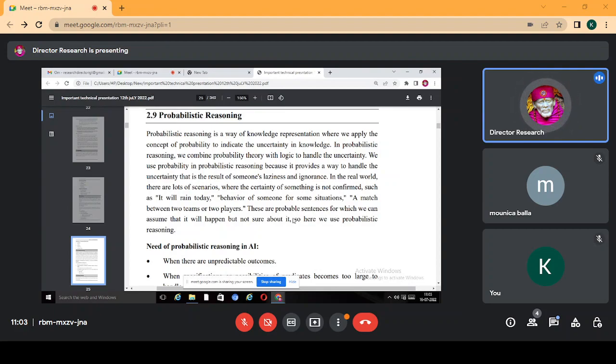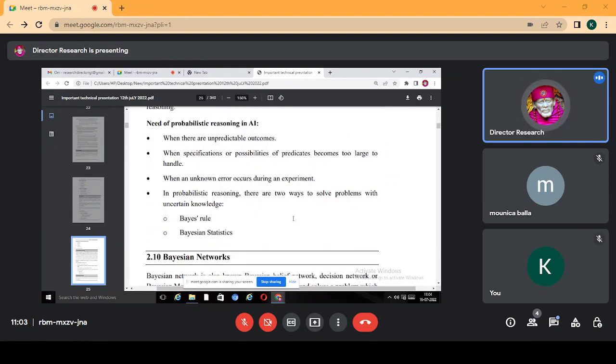In the real world, there are lots of scenarios where the certainty of something is not confirmed, such as it will rain today, the behavior of someone in some situations, or a match between two teams or two players. These are probable sentences for which we can assume that it will happen, but are not sure about it. So here we use probabilistic reasoning.